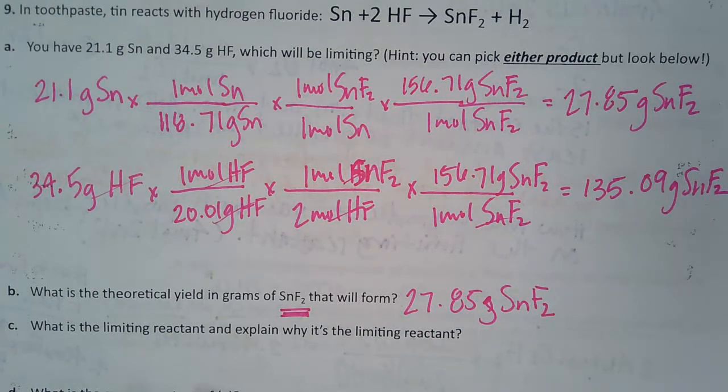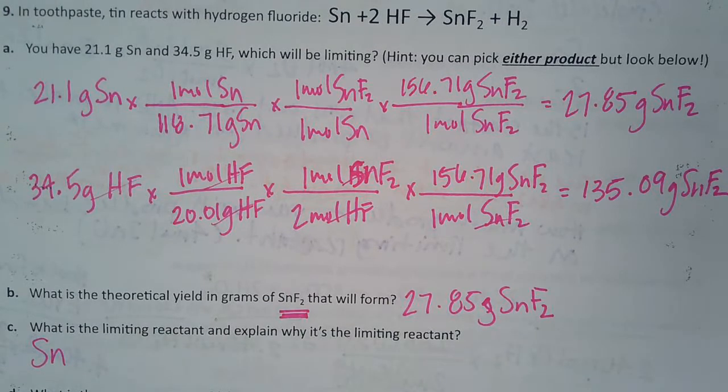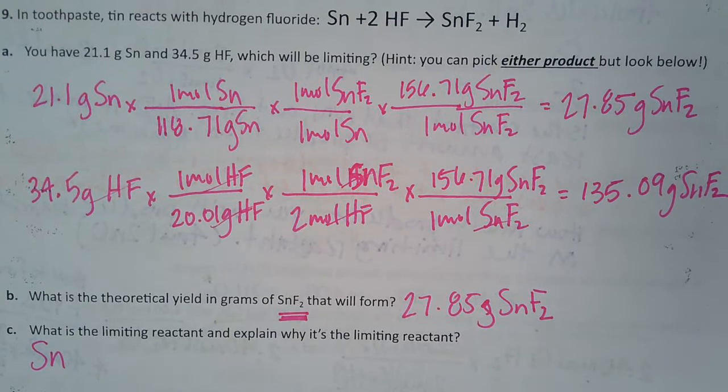What is the limiting reactant and why is it the limiting reactant? So first of all, what is the limiting reactant? Sn. Why is Sn the limiting? Well, but why? Yes, you run out of it, but how do you know? It comes back to Brandon's question. How do you know that you run out of it? It produces the least amount of product.